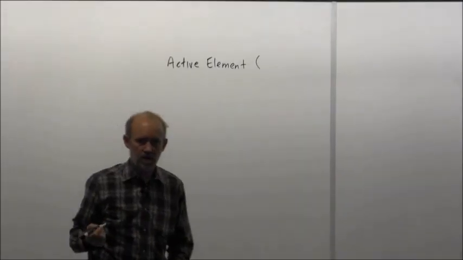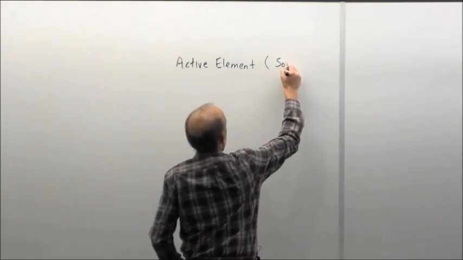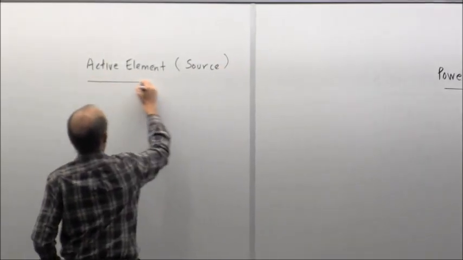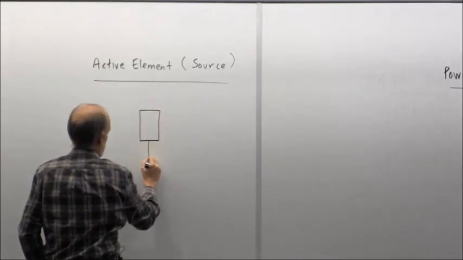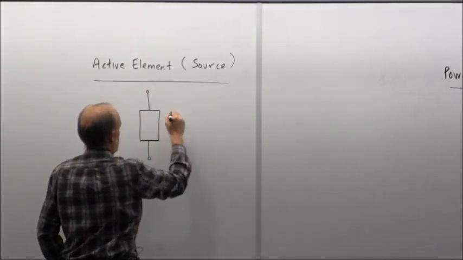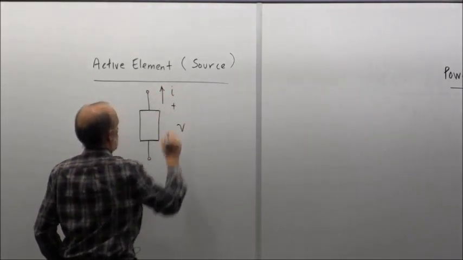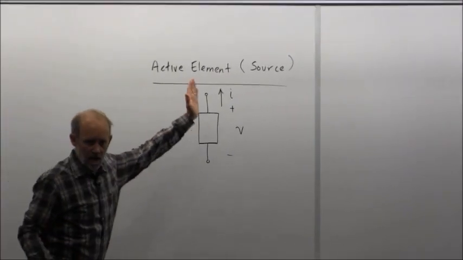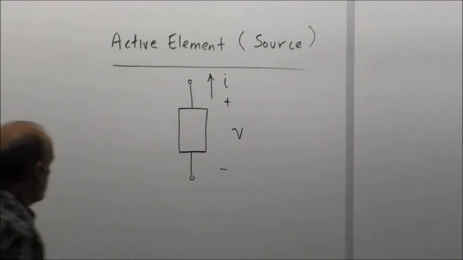Okay, so sources are described as active elements. And what you'll observe is, for an active element, the current now, instead of entering the positive terminal, leaves the positive terminal.